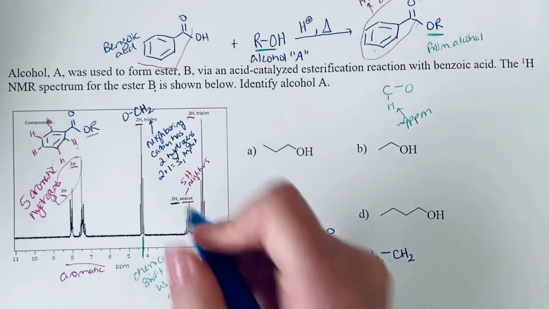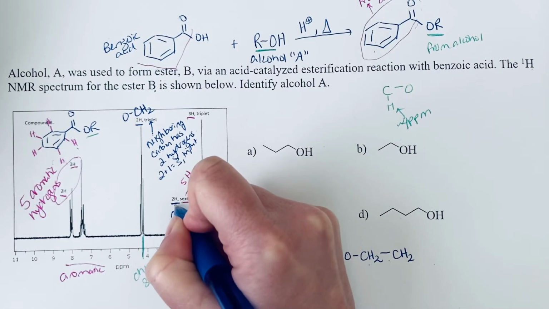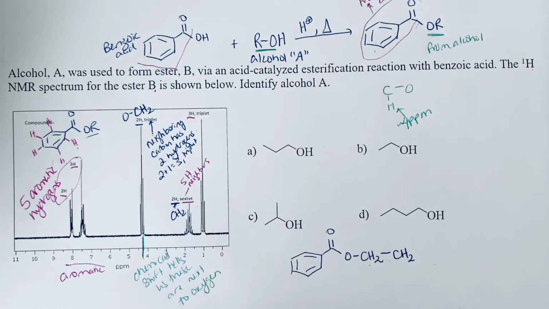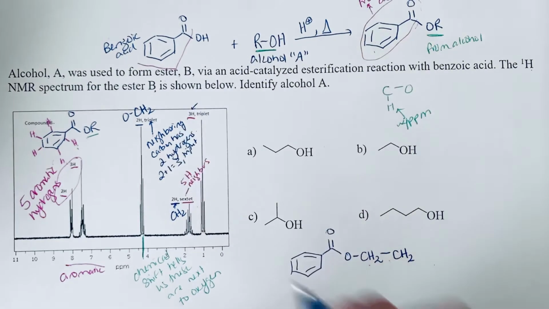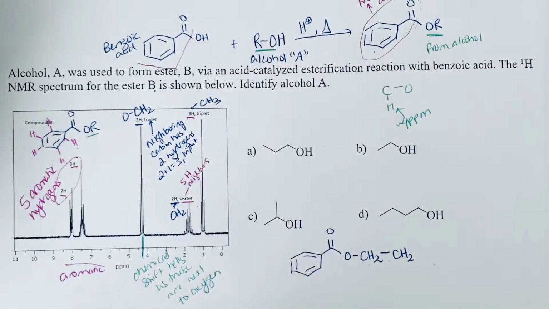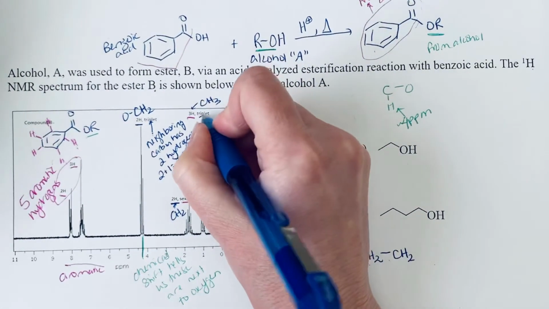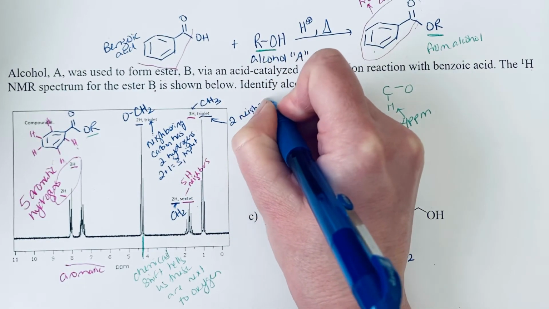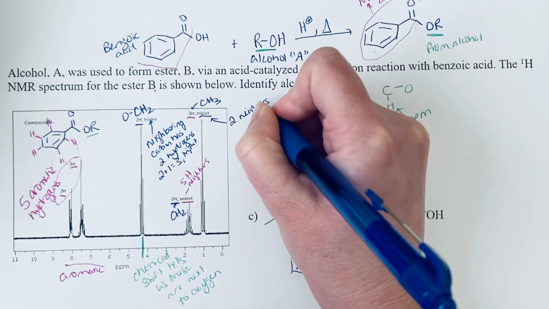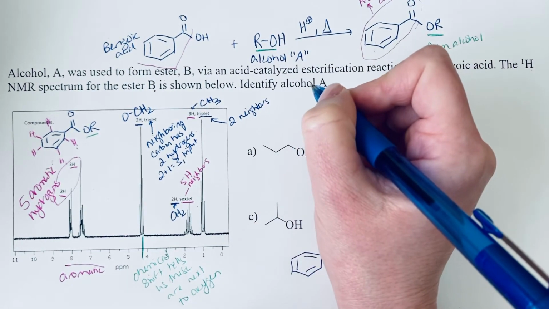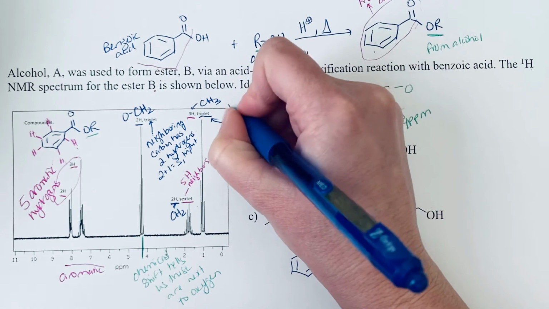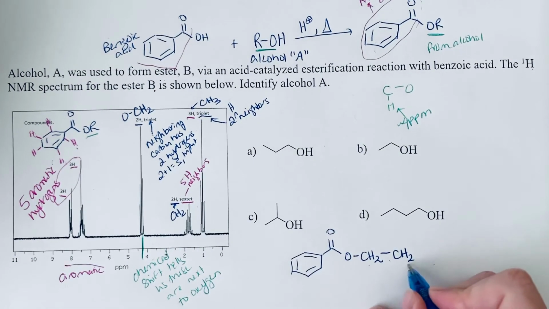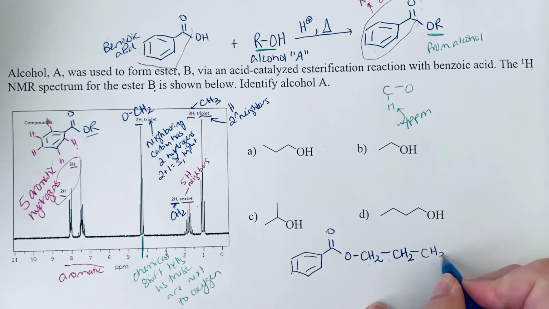So I should put in that this is a CH2, which is what the 2 hydrogens tell us. The sextet tells us what's next door: a CH2 and a CH3. Here we see 3 hydrogens, so we do indeed have a CH3. It is a triplet, which means it has 2 hydrogen neighbors. That means on the other side of it is a CH2 like this one. So we have our chain.